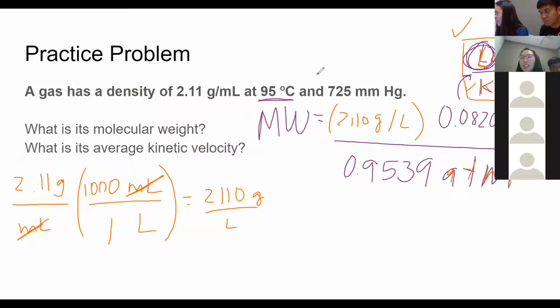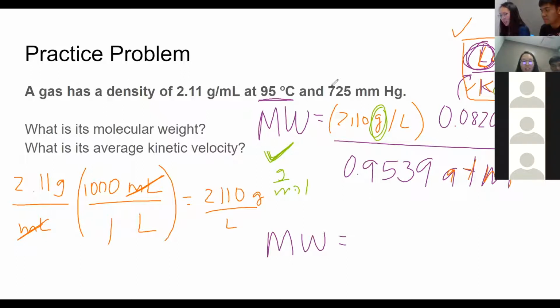What's left is moles and grams, and this matches because the units of molecular weight are always grams per mole. So now let's plug and chug: 2,110 times 0.08206 times 368 all over 0.9539.